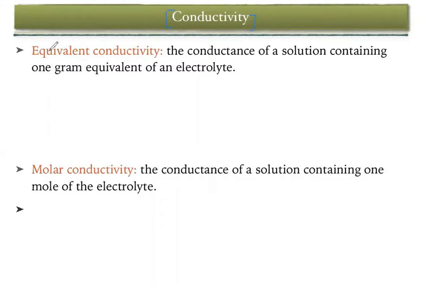Now let's talk about conductivity. We have to learn two types of conductivity. One is equivalent conductivity, the second is molar conductivity. Equivalent conductivity tells about the conductance of a solution containing 1 gram equivalent of an electrolyte.